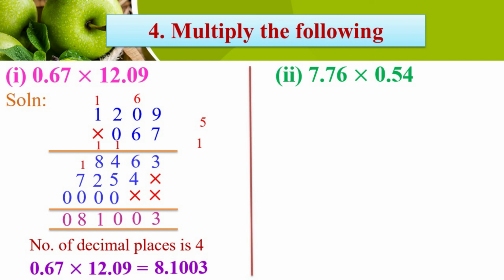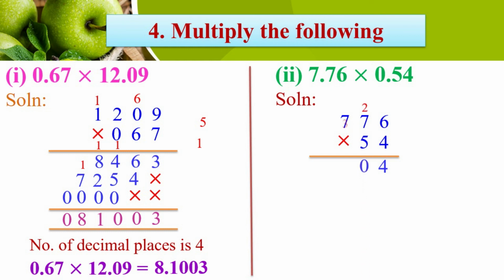Second question, 7.76 multiplied by 0.54. Let us find the solution. Remove the point. 776 multiplied by 54. 6 fours are 24.